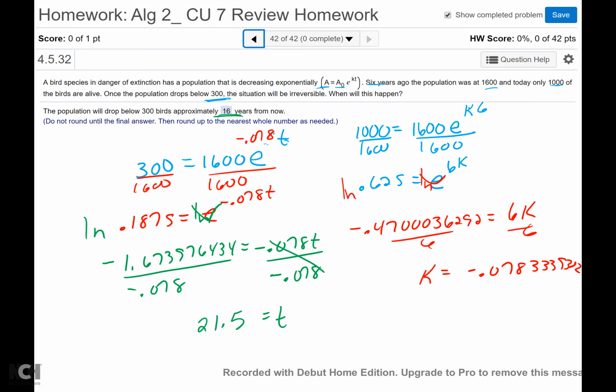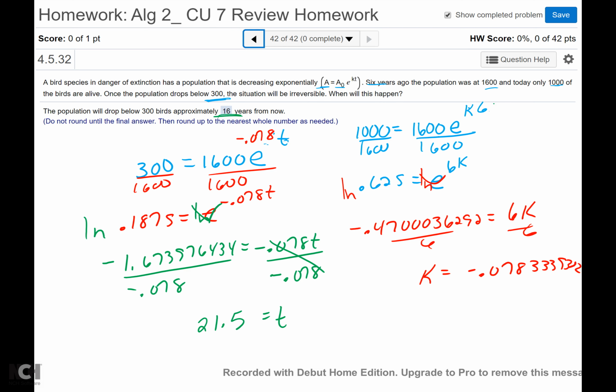Probably rounding. Mm-hmm. 1,600, now 1,000, 6 years ago. 1,600. 0.625, natural log, divided by 6.